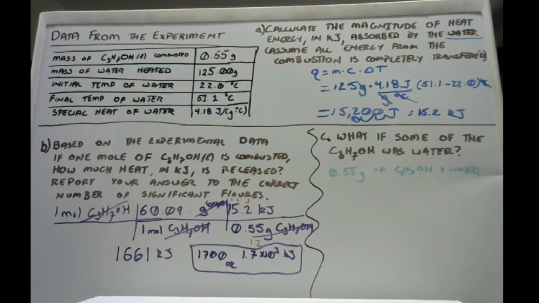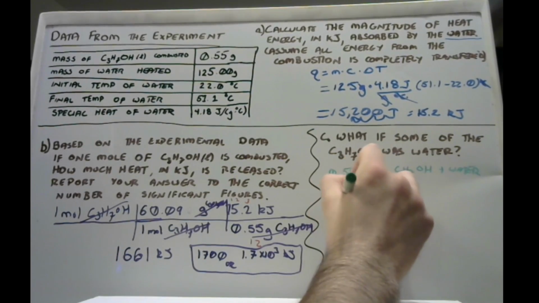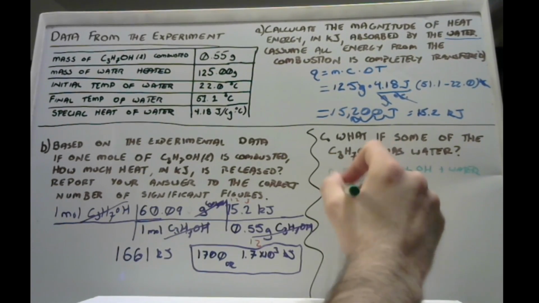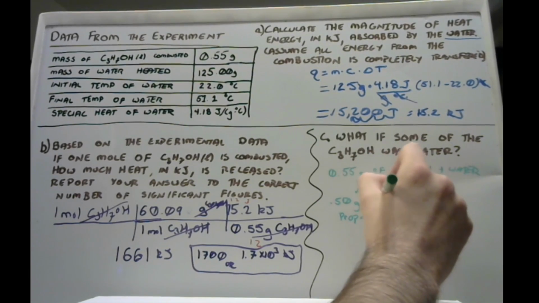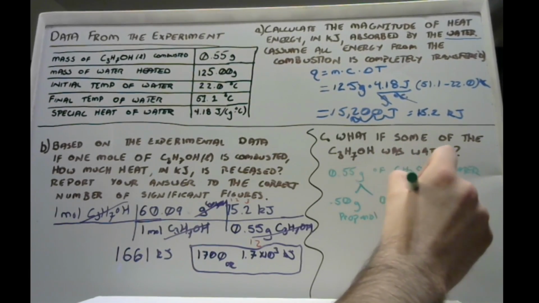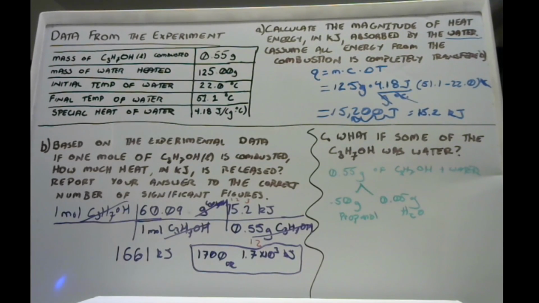So, how much? We don't know for sure, but it's going to be some amount. Pick a number. It doesn't particularly matter. If, for instance, we say that 0.50 grams of this is propanol and 0.05 grams is water, we still have less propanol burned.